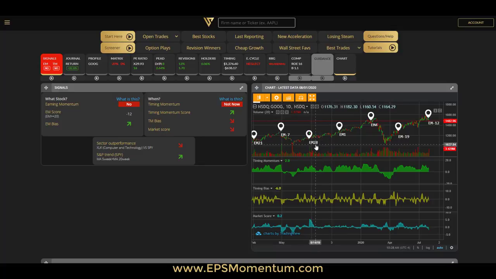See EM 28, so it's above 20, and that means that there is momentum on that quarter, and as you can see, the quarter goes up and up and up, and then there's a big drop due to the pandemic. But this is typical where it's spotted abnormal, meaning abnormal in a good way, earnings and sales momentum, and then the stock rallies for several quarters. So this is what it does.